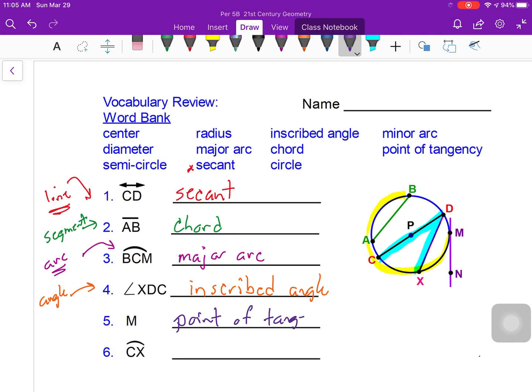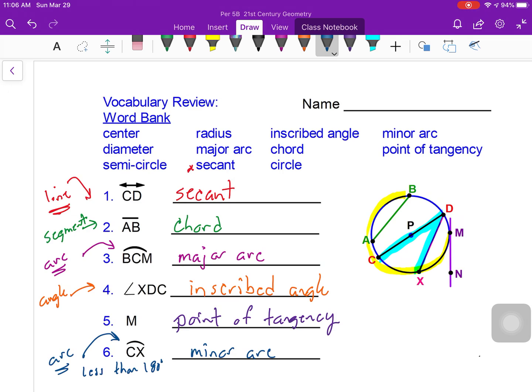So that would be called a point of tangency. The next one looks like it's an arc again. It's the arc from C to X. Definitely less than 180. So that's going to be a minor arc.